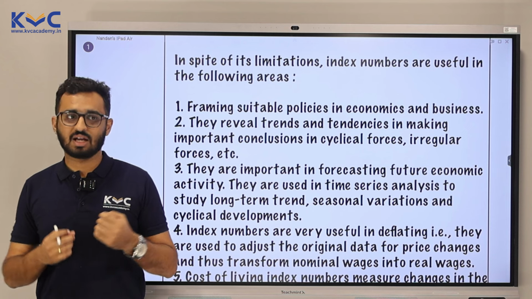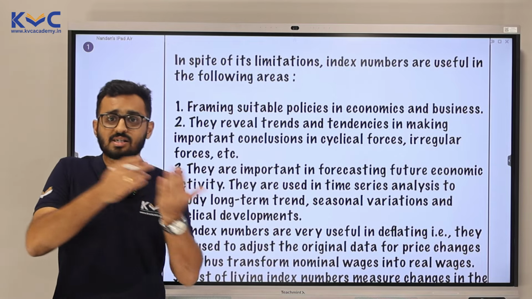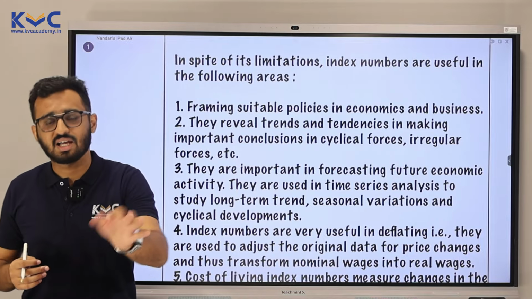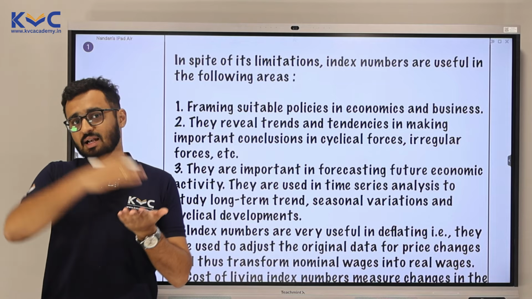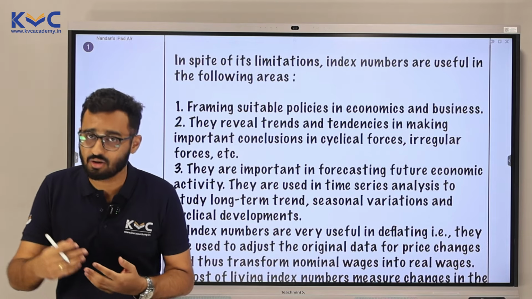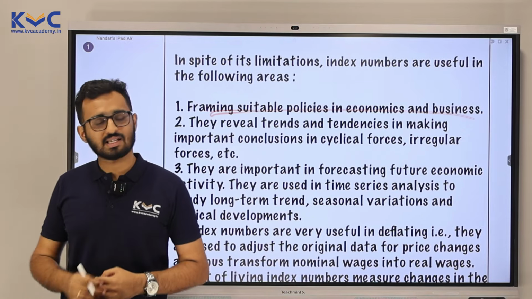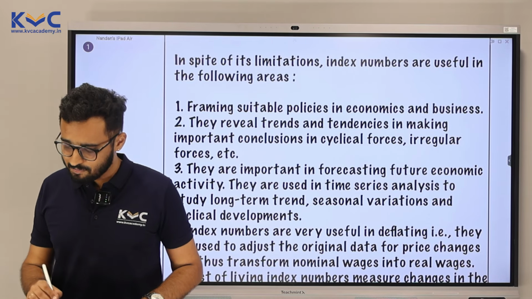So how do they do that? They compare what happened in the past. They'll see what is the increase in the price of a particular product, or how the taxation is impacting the people. Based on that, they'll observe the trend, and they'll calculate an index depending on which they will announce further policies. So that is where this is very, very helpful, framing suitable policies in economics and business.